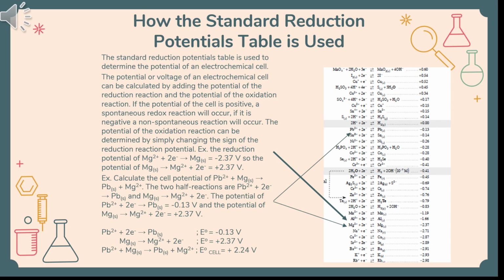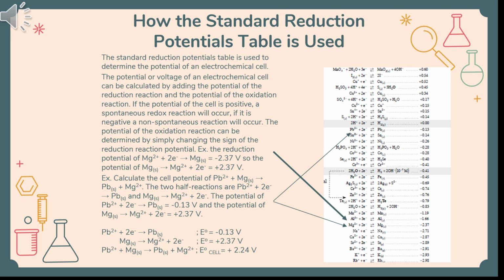Calculate the cell potential of Pb2+ plus magnesium solid forming lead solid plus Mg2+. The two half reactions are Pb2+ plus 2 electrons forming Pb solid, and Mg solid forming Mg2+ and 2 electrons.